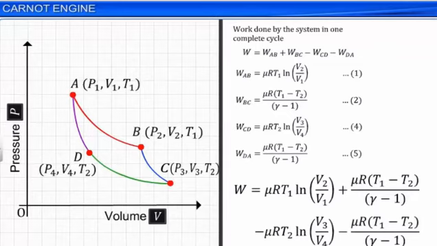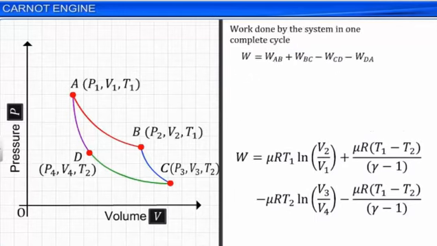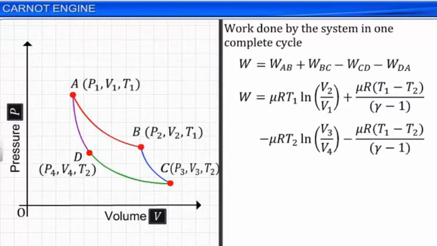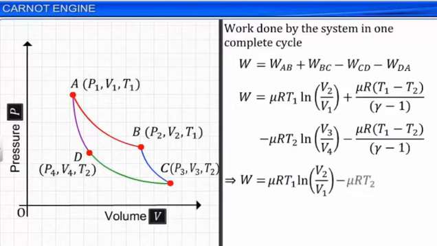On simplification, we get W is equal to mu RT1 into ln of V2 by V1 minus mu RT2 into ln of V3 by V4. Let this be equation 7.